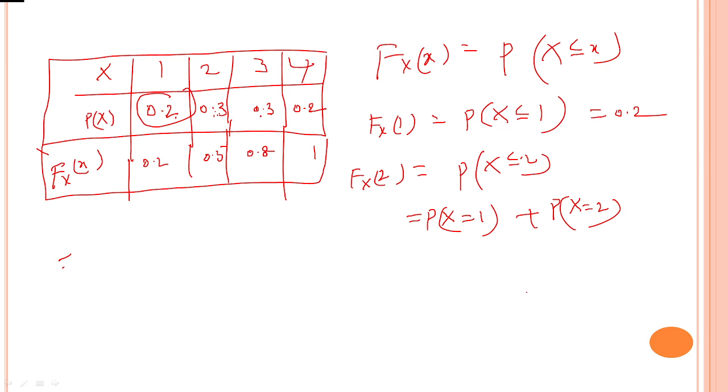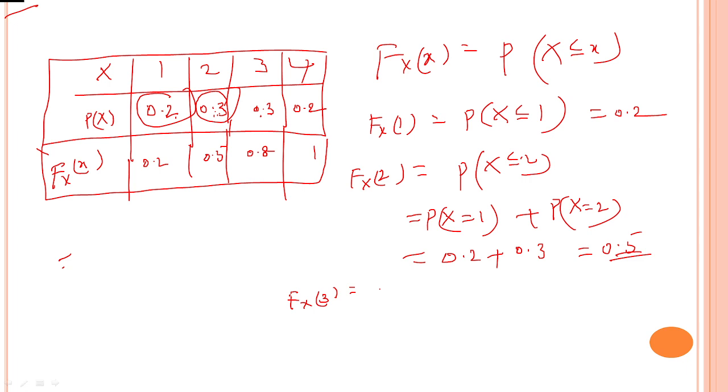Therefore x equal to 1 value is 0.2 plus x equal to 2 value is how much? Probability of x equal to 2 is 0.3, therefore this is equal to 0.5. Like this we need to calculate the probabilities.